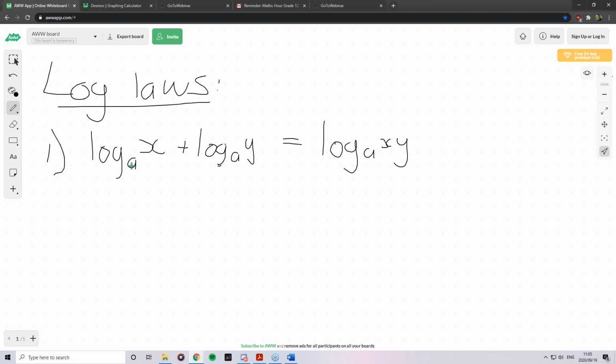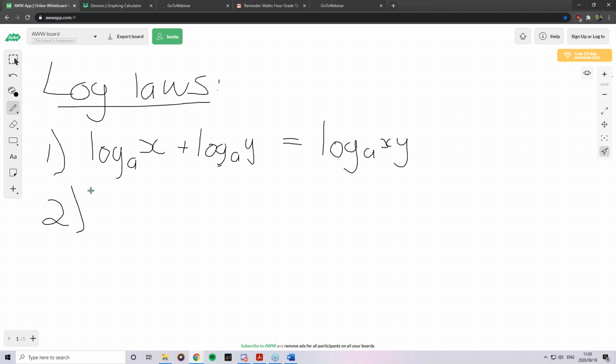What do I raise a by to get to x, plus what do I raise a by to get to y, will be what must I raise a by to get to x times y. That's how you can read it.